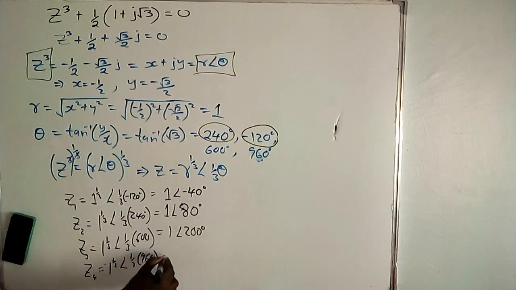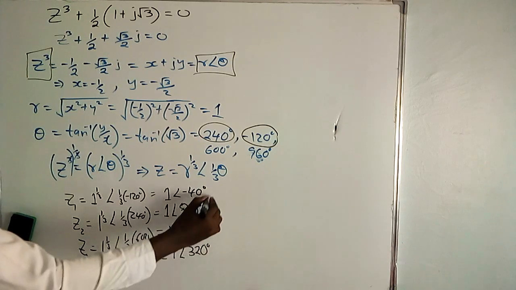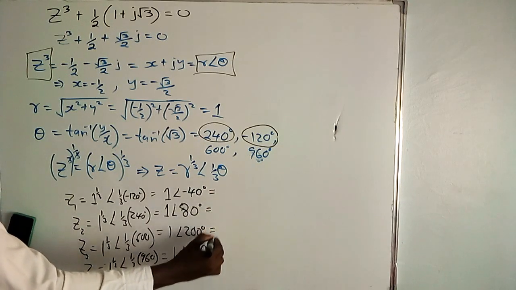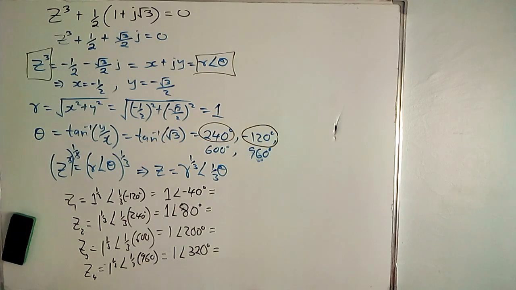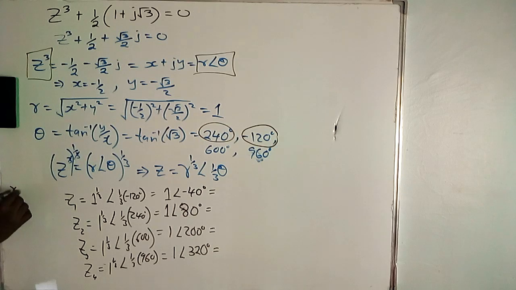So having found all the solutions in polar form, you can now convert them back into Cartesian form. Remember, in Cartesian form, it is x plus yj, isn't it? So what is the rectangular form of r angle theta? Start with the first one.